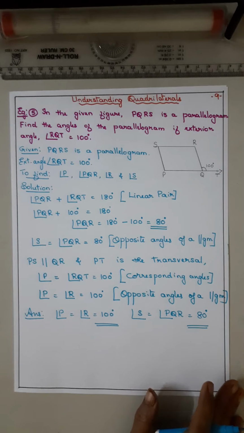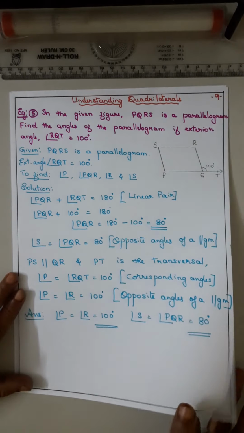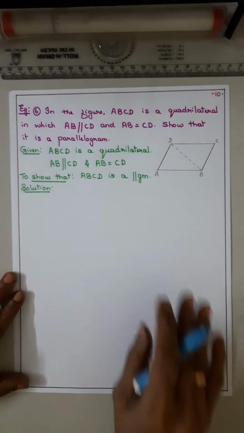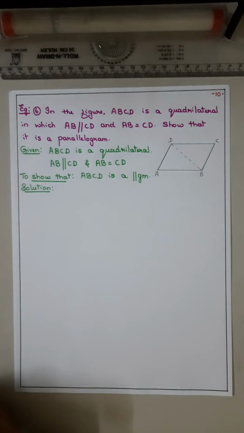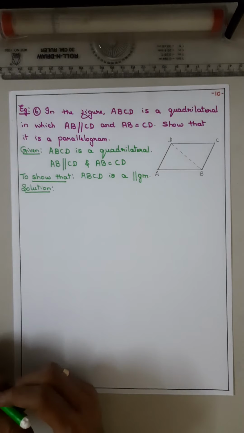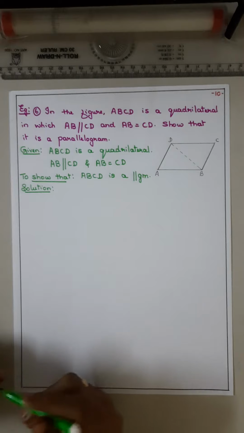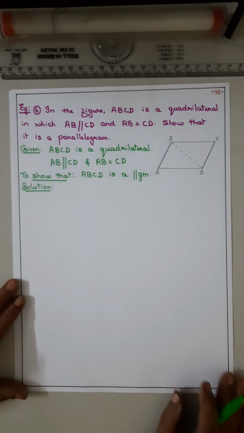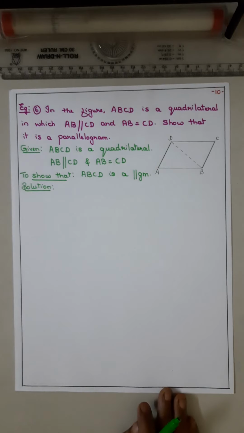Now coming to example 6. It is in the figure, already the figure is given: ABCD is a quadrilateral in which AB is parallel to CD and AB is equal to CD. Show that it is a parallelogram. In the earlier sums they told you it is a parallelogram and asked you to find the angles.